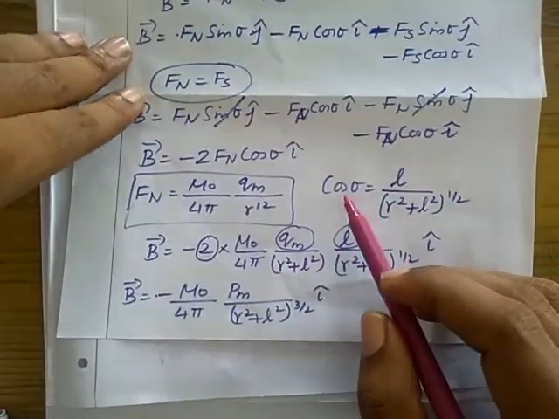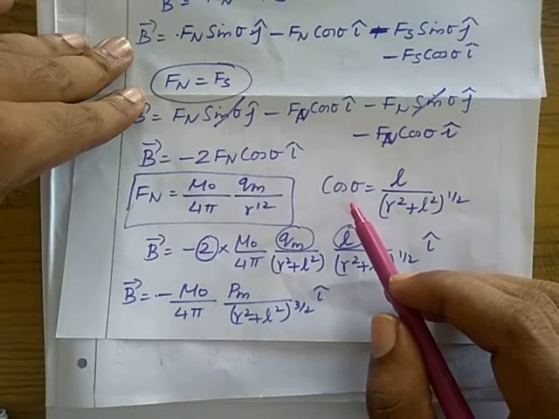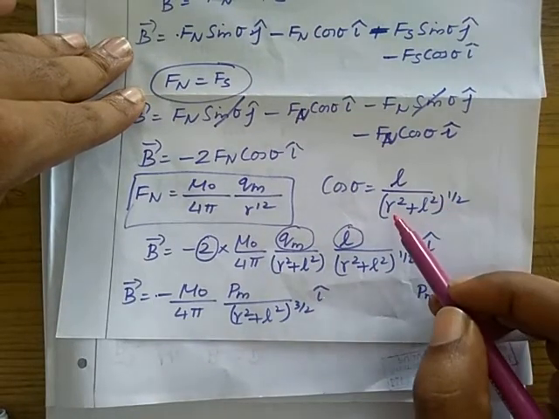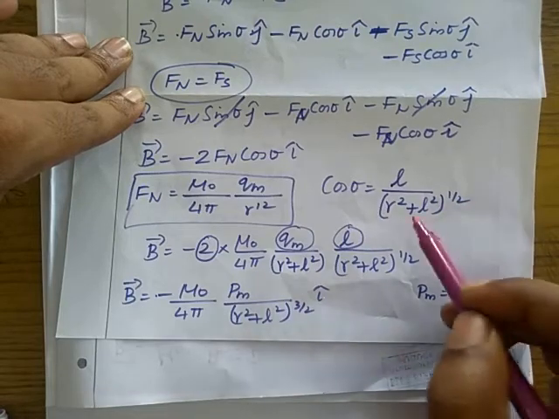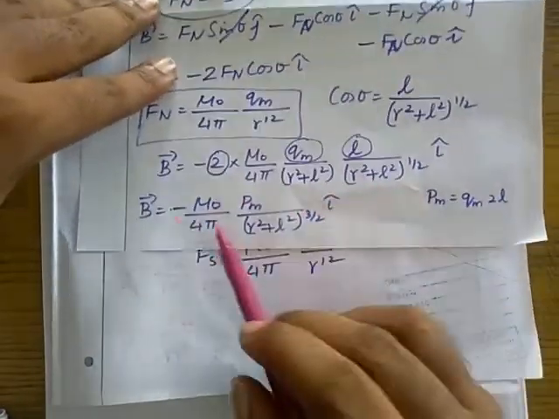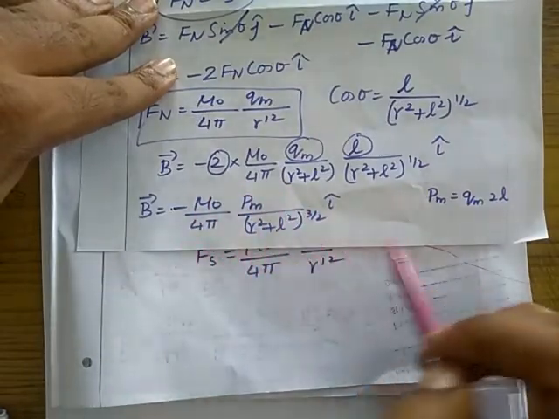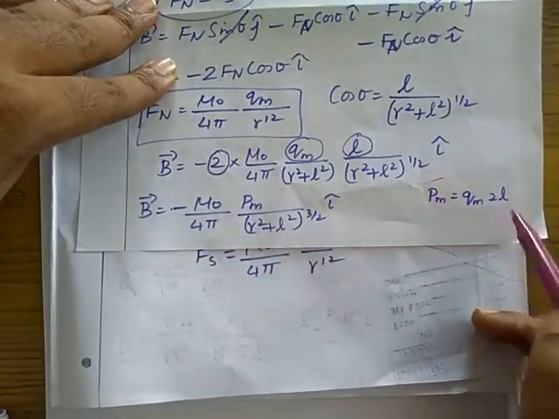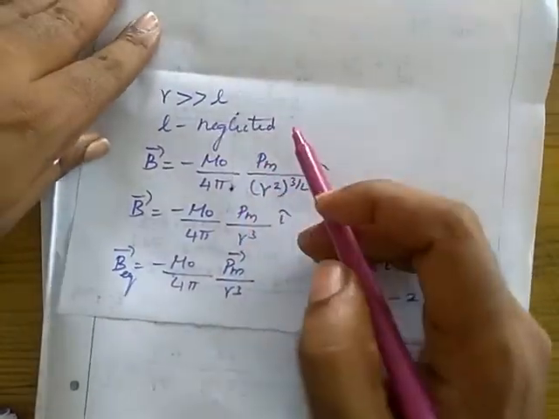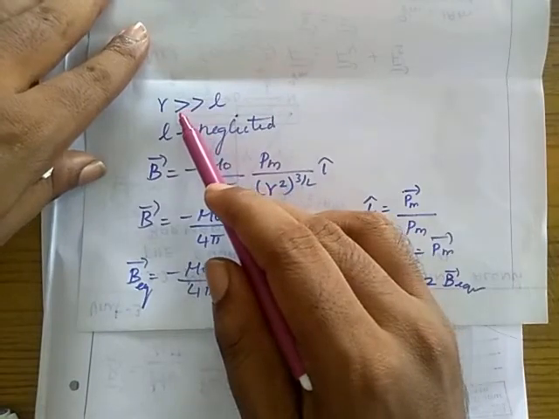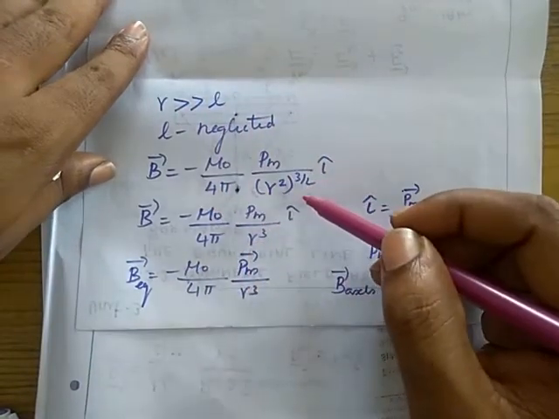Next, cos theta is equal to L by R square plus L square, power 1 by 2. Substituting this, we get the relation like that. Then substitute the Pm value here. Finally we get an expression like this, because here the value of R is greater than L, so the L can be neglected.